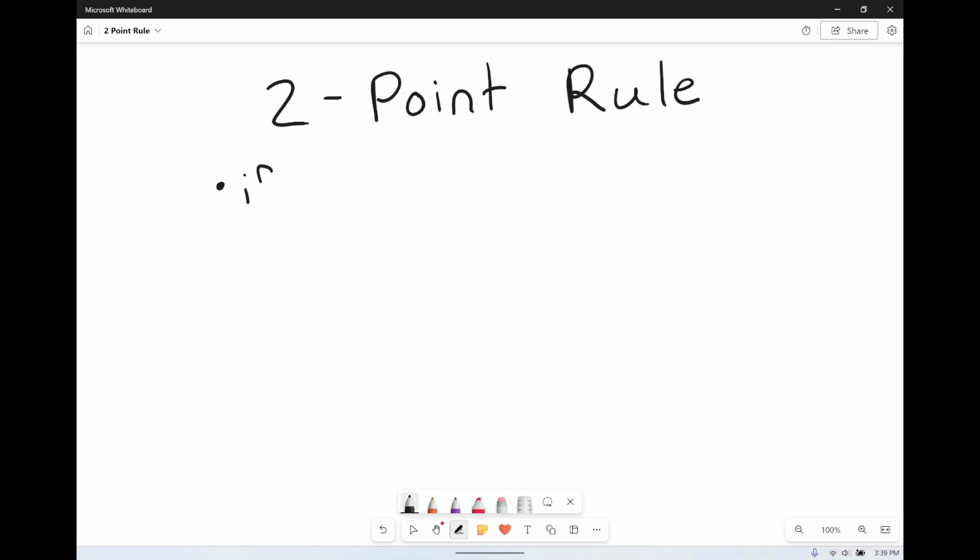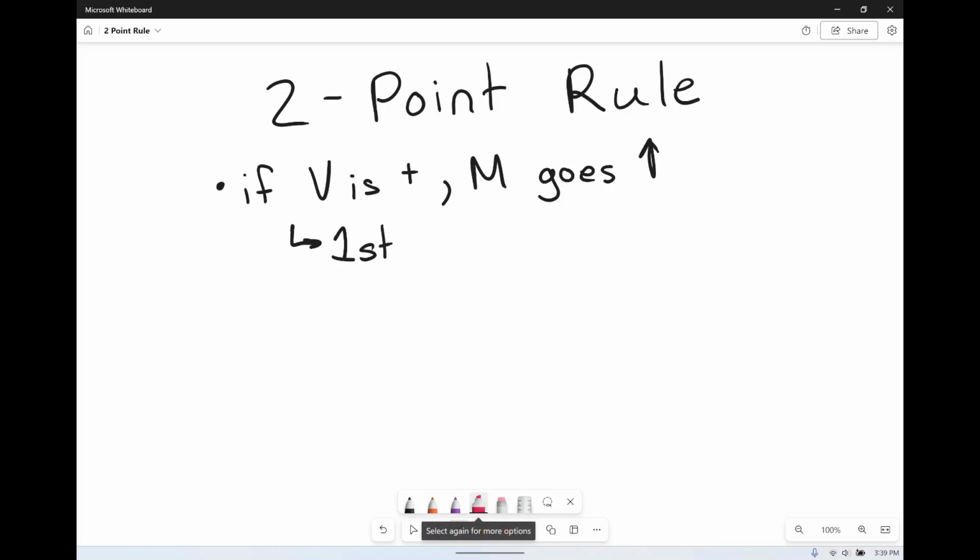Basically it boils down to, if a shear is positive, then your moment goes up. That's pretty basic. What that does mean though is that your first point, because again this is a two-point rule, is lower than your second.